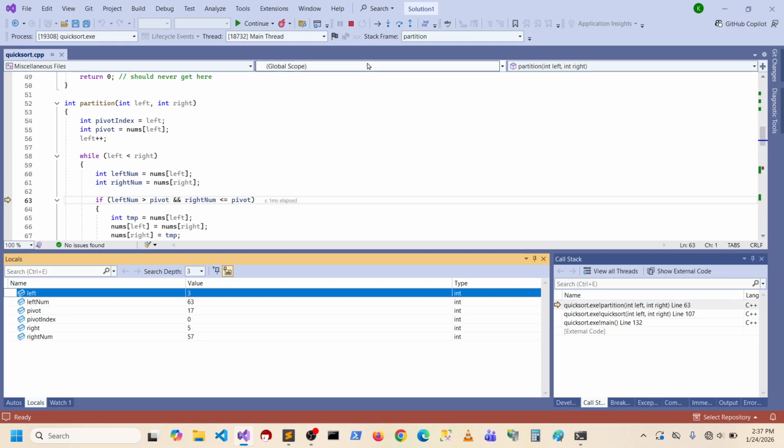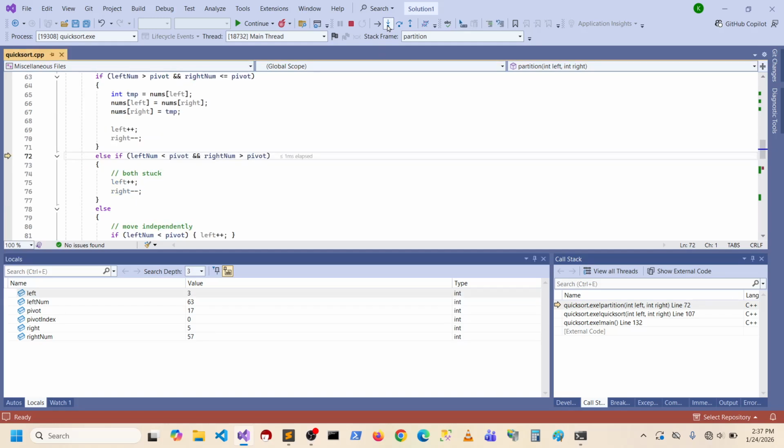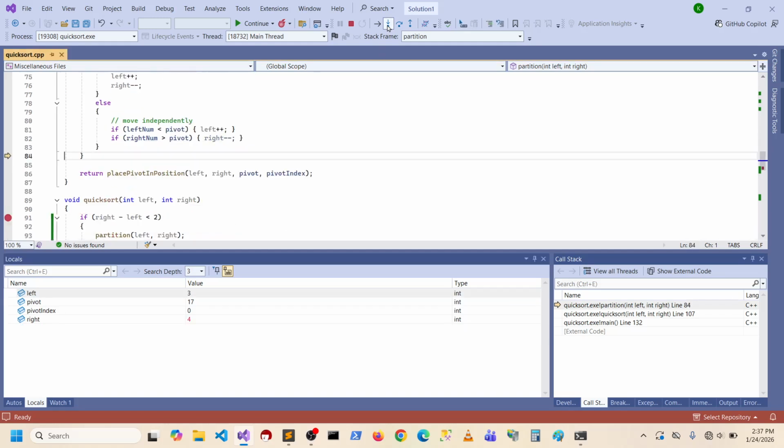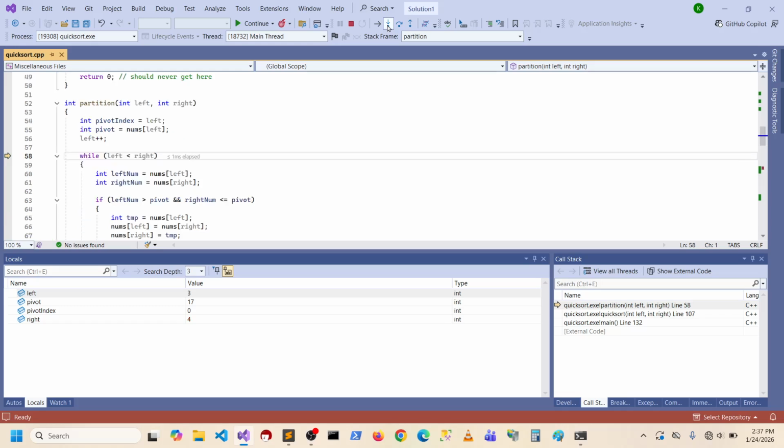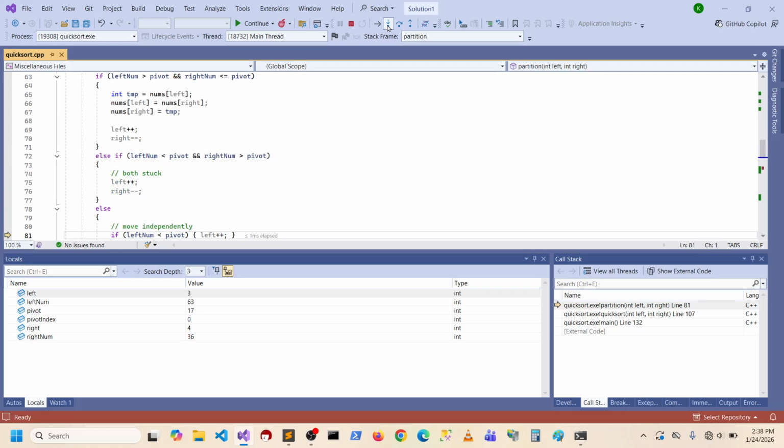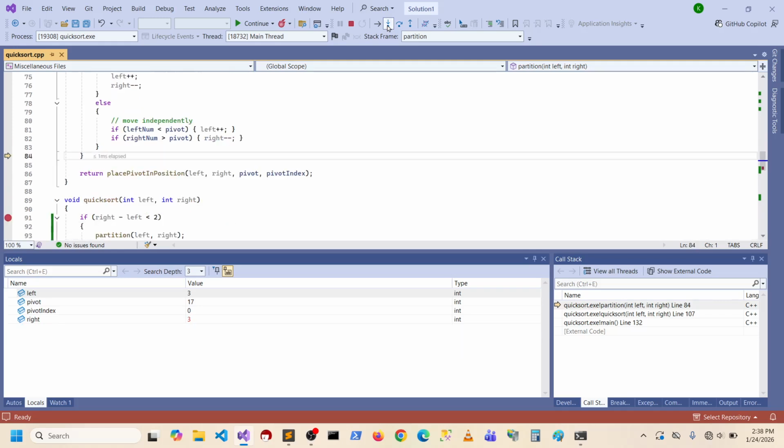Left needs to swap. So right decrements. Six, same thing. Another equal.